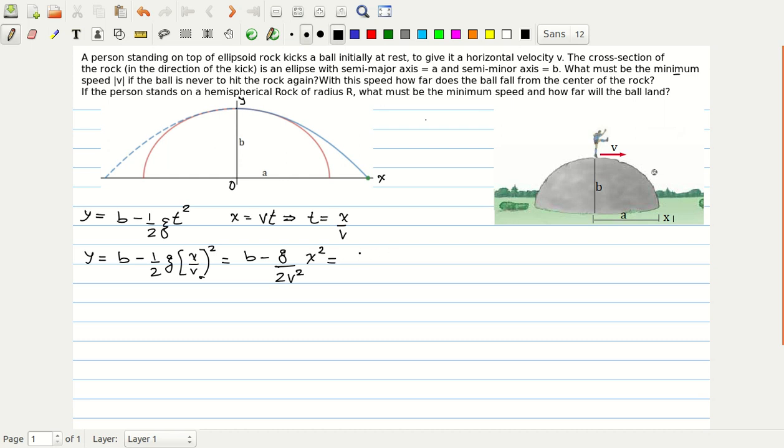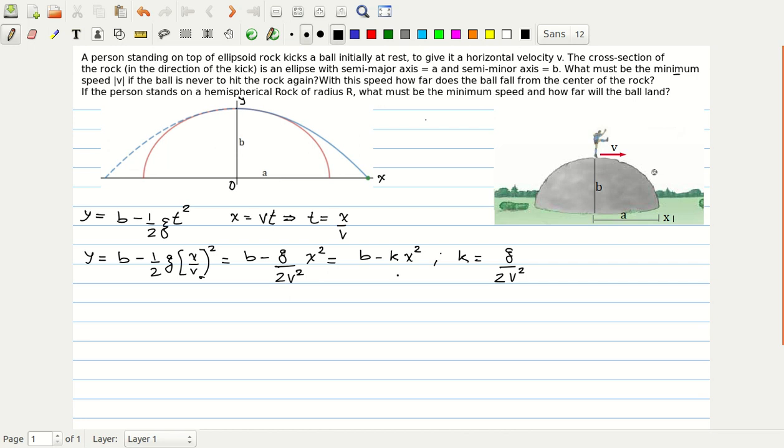I can write this as b minus k x square, where k is g divided by 2v square. So you can see that y equal to b minus k x square is the equation of a parabola, right?